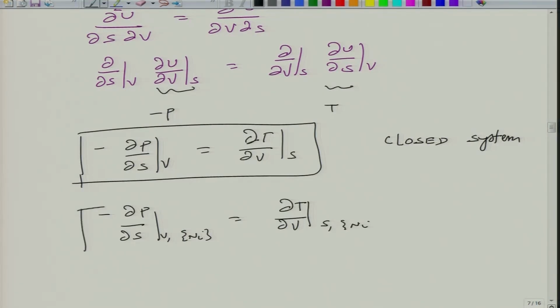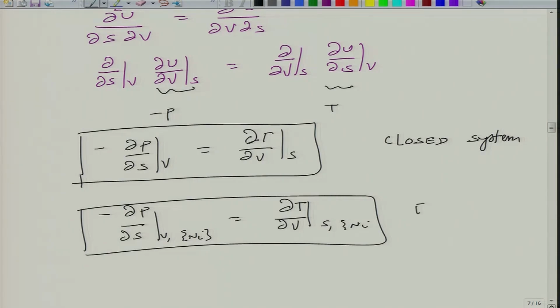So, this is the case for an open system. Now, you can also take an inverse and write this relation in the following way: del S by del P minus del V by del T.